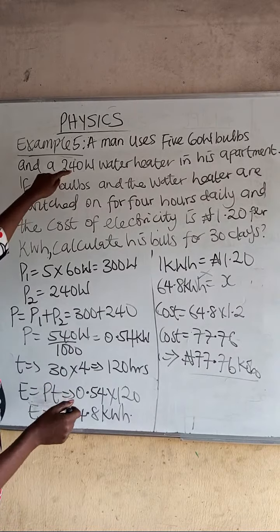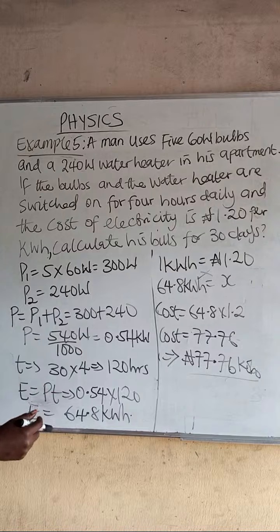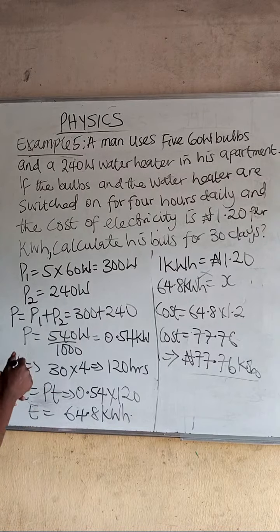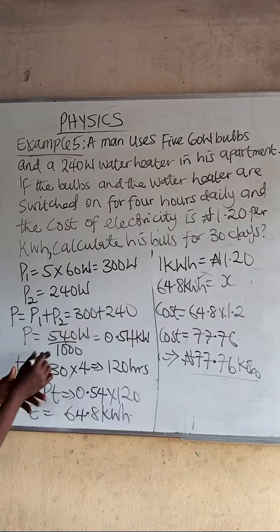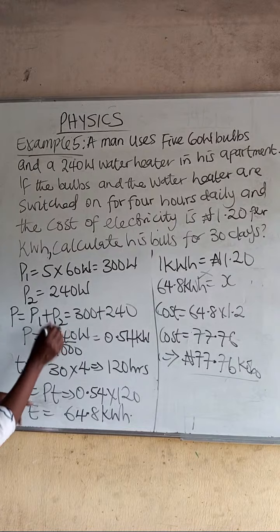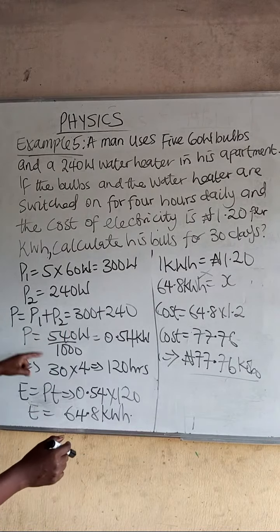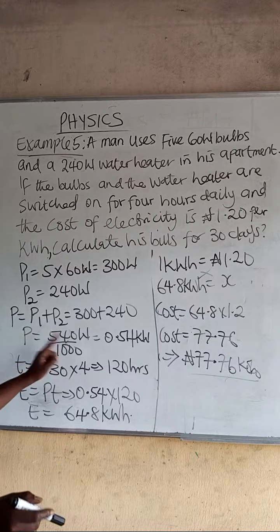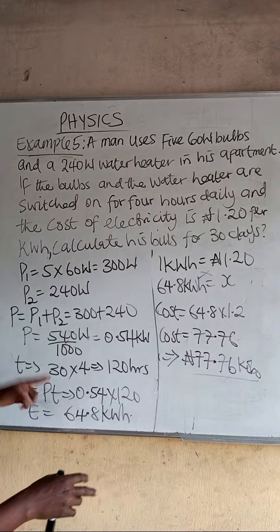Then his water heater is rated 240 watts. So how do you get the total power? We're going to say P1 plus P2. When we add, the total power becomes 540 watts. Now to convert this power to kilowatts, we divide by 1000 and we have 0.54 kilowatts.